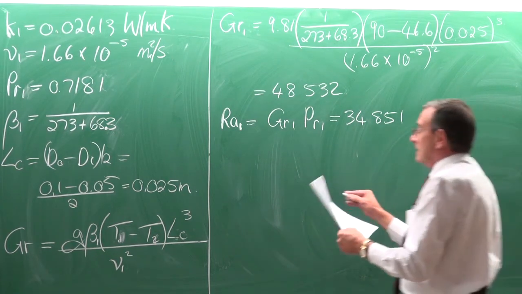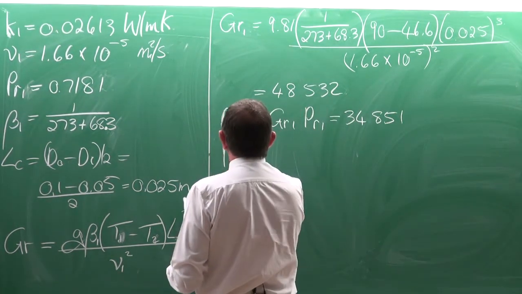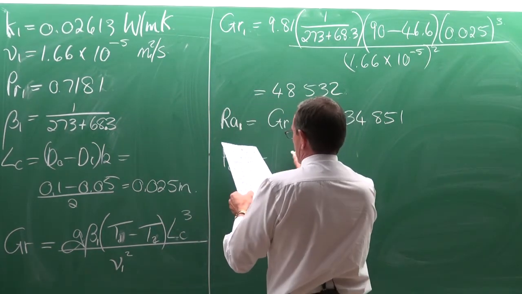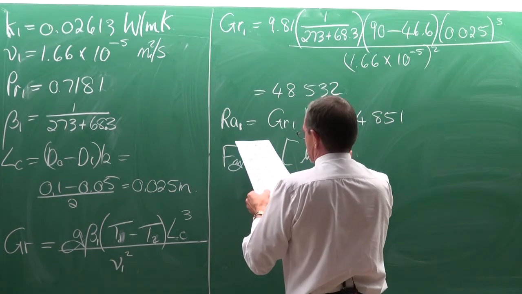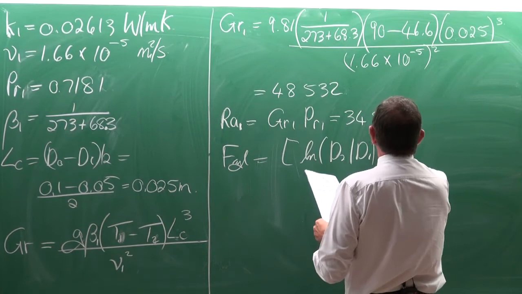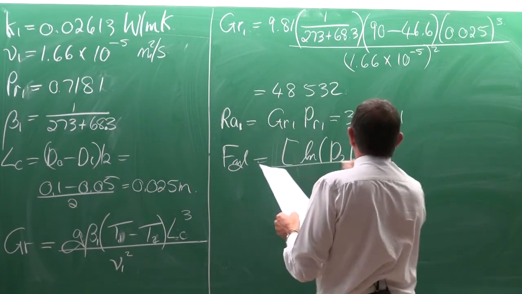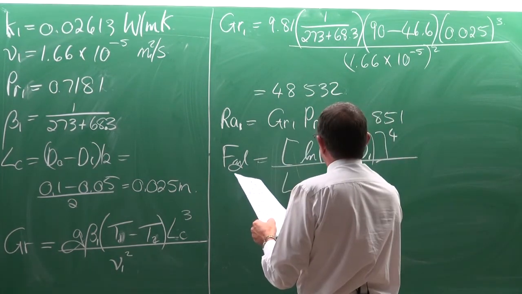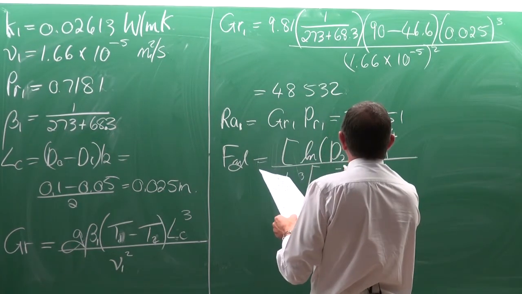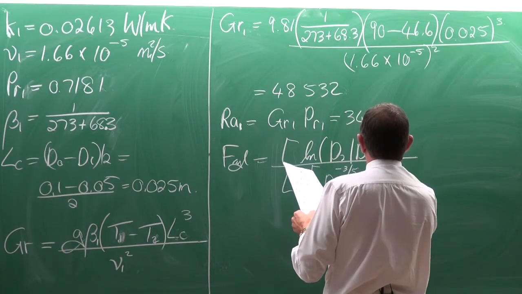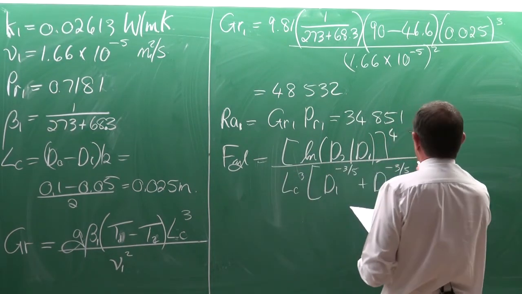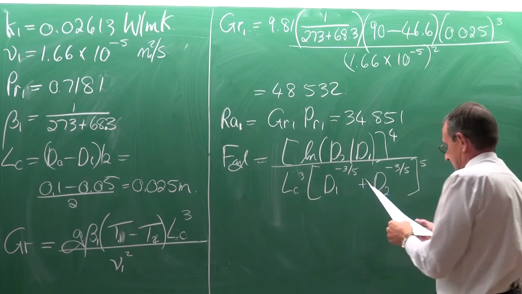Okay. Then we need to calculate F cylinder, and that is equal to the ln of the diameter ratio to the fourth divided by LC to the third, times D1 to the minus 3 divided by 5 plus D2 to the minus 3 divided by 5, everything to the fifth.